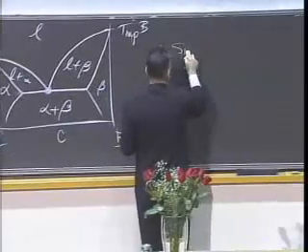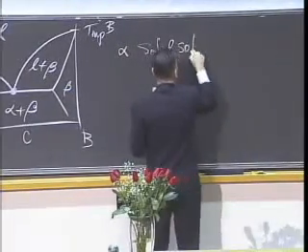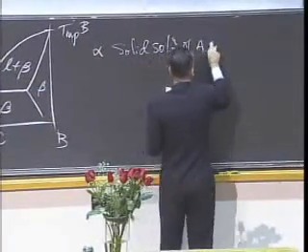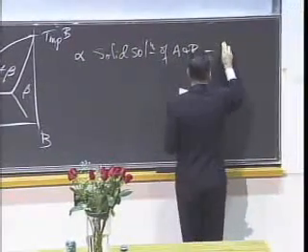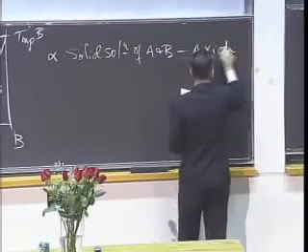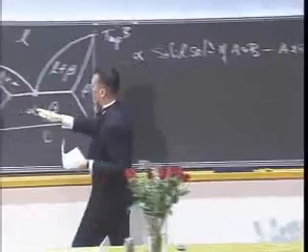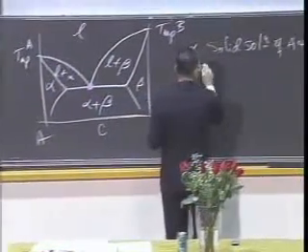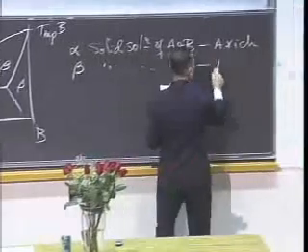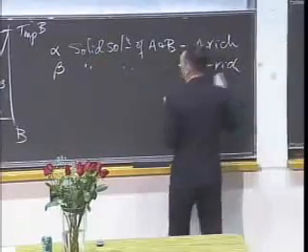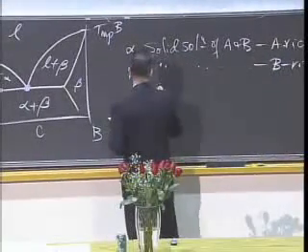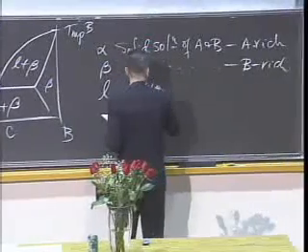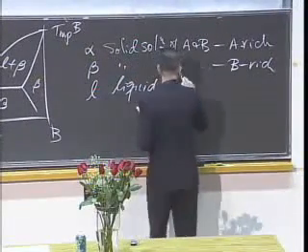Alpha is a solid solution of A and B, only it's A-rich. It's very near pure A, but it's not exactly pure A. So this is a homogeneous solid solution, just as you'd have in a lenticular diagram. And beta is a solid solution of A and B, only it's B-rich. And L, that's a liquid solution of A and B.